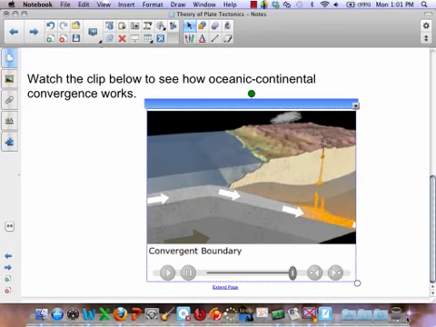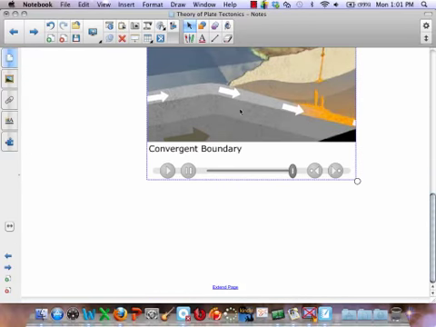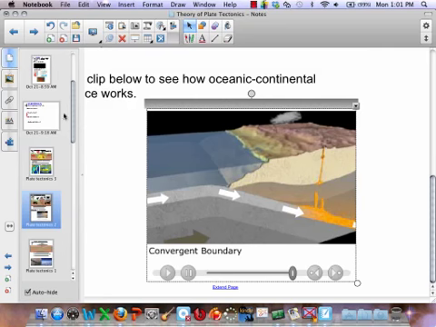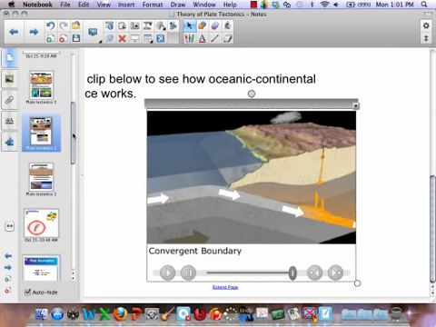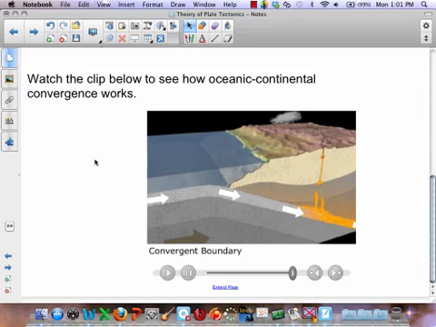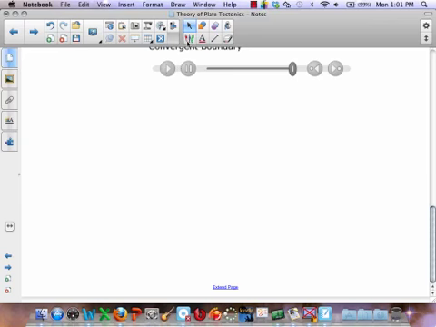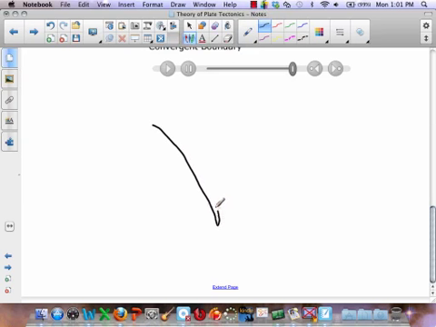That's where I had pictures of that. Okay, so I'm going to draw a really crude shape here. Just give me a second. Guess what it is.